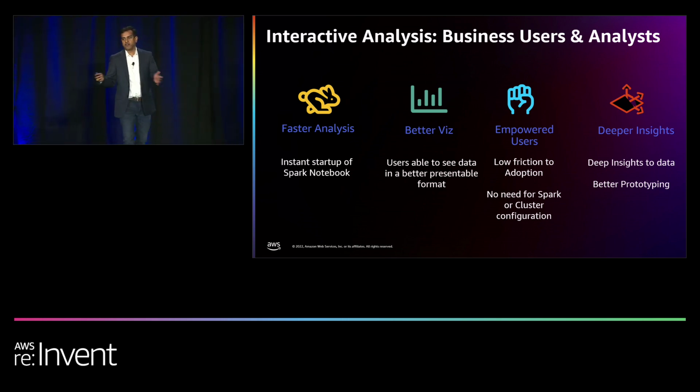They don't need to rely on their friends from technology. They can do all the analytics on their own. And the data analysts can do deeper analytics on large sets of data that will enable them to make their models better and create better features that can detect fraud sooner and better.